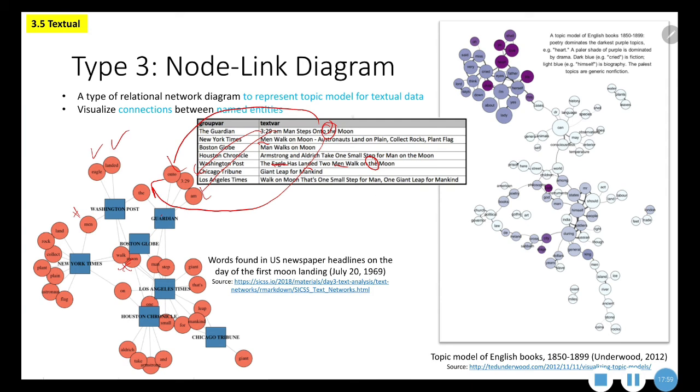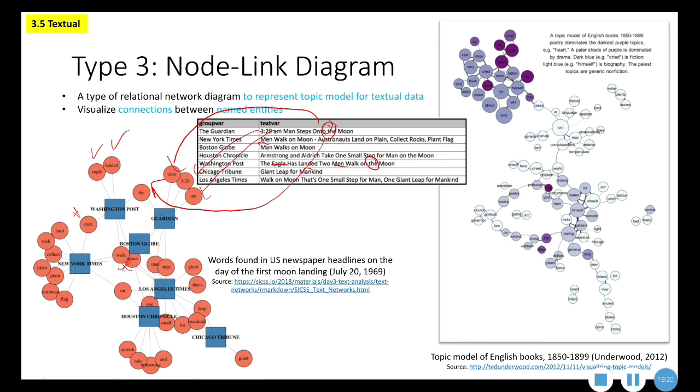So we can find the common words used by all these seven newspapers. It looks interesting, right? Rather than reading the words, we look at the representation, and we can see what the most used word is.